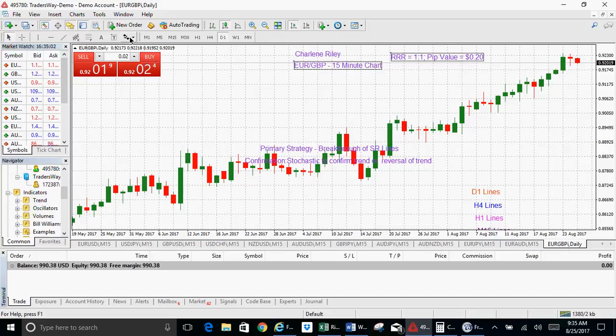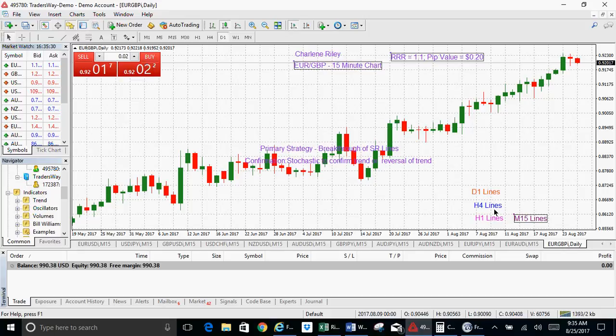So what I want to do here is plot the highs and the lows and where the market has been in the past week. I like to keep my lines organized, so my support and resistance lines that I plot on the daily are in orange.